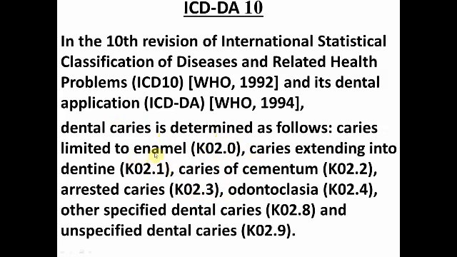If it is limited to the enamel layer, it is 2.0. When it reaches into the dentine, it is 2.1. When it reaches the cementum, 2.2, and arrested caries is 2.3, while odontoclasia is 2.4.